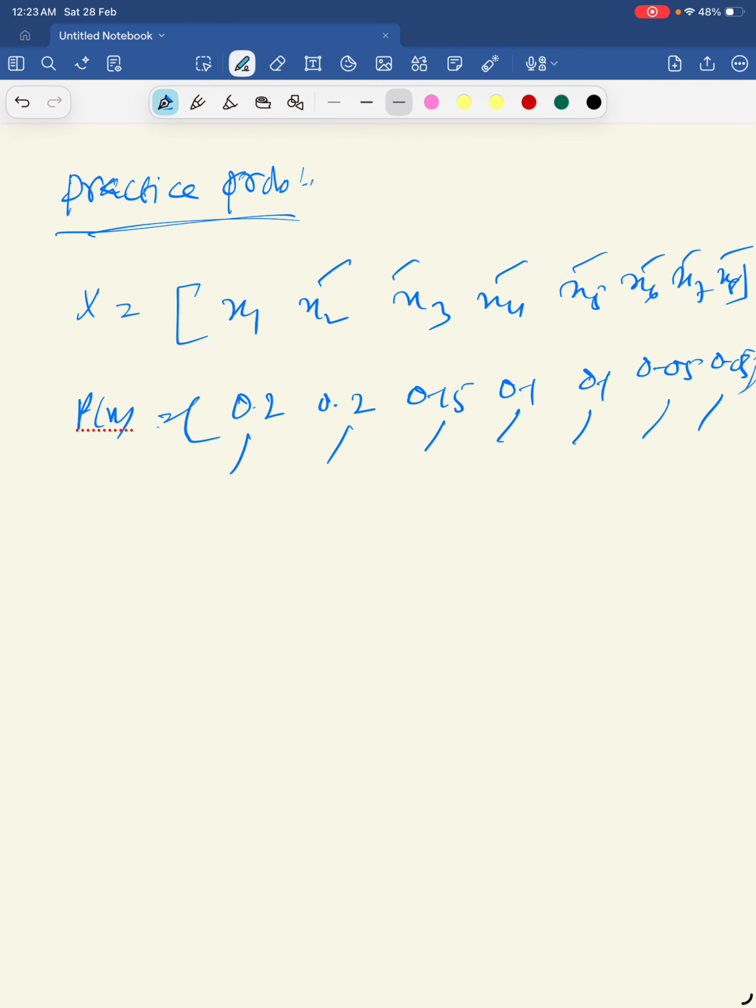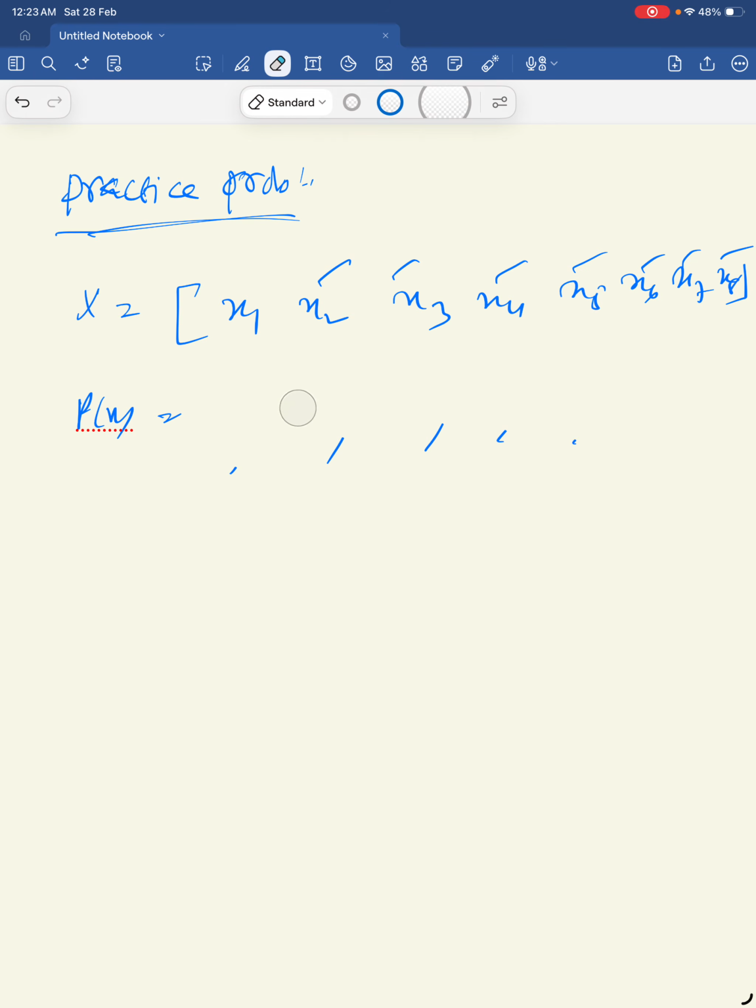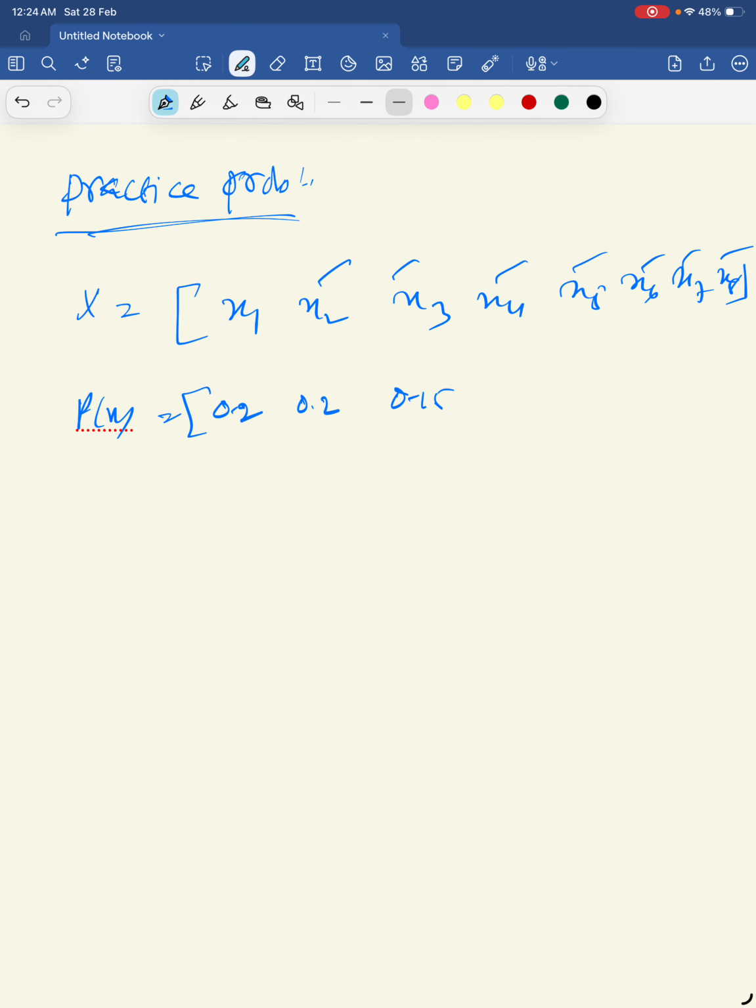Something is missing. Okay, I am writing again. Some values may be missing. So first is 0.2, 0.2, 0.15, 0.15, 0.1, 0.1, 0.05 and 0.05.